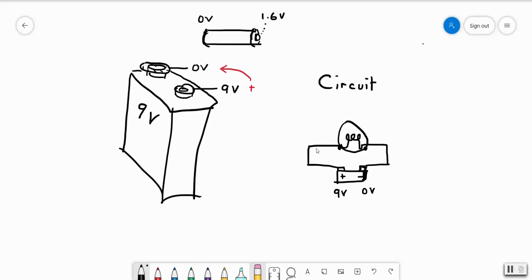This allows the charge to flow from the positive terminal of the battery through the wire into the bulb, through the filament of the bulb, and out the other side of the bulb and toward that negative terminal of the battery. This is basically charge flowing downhill, but it does it by going through the bulb. So this is a circuit.